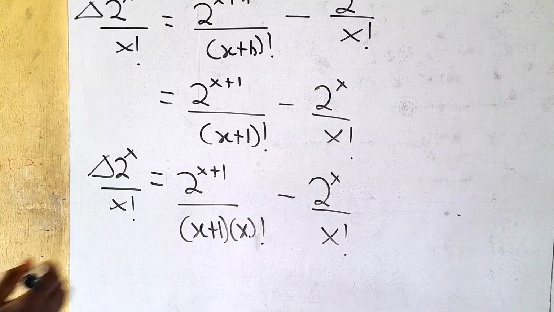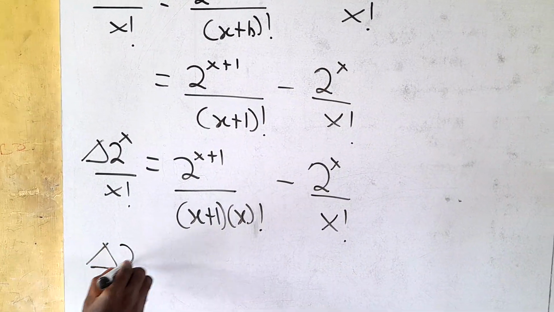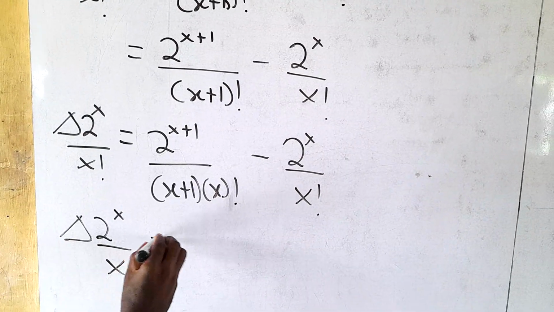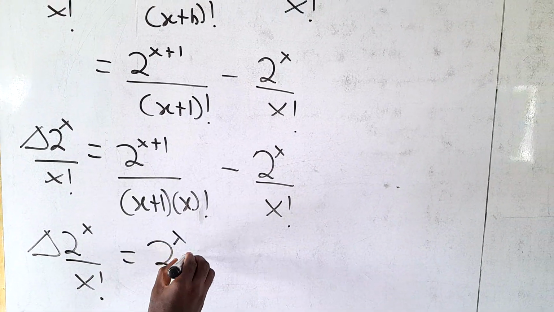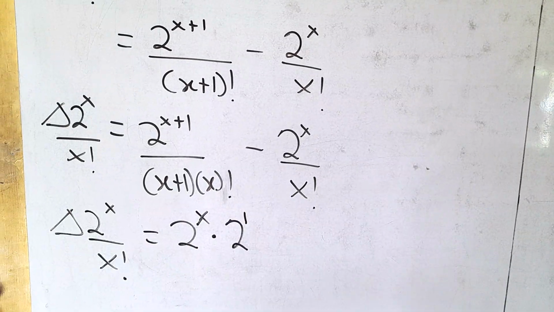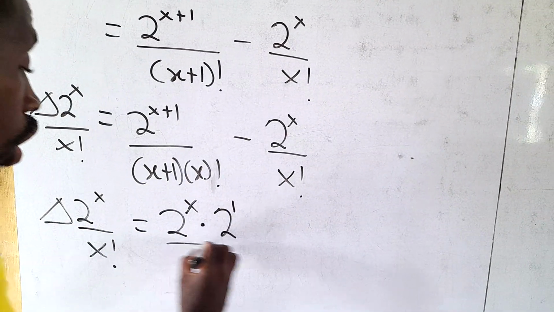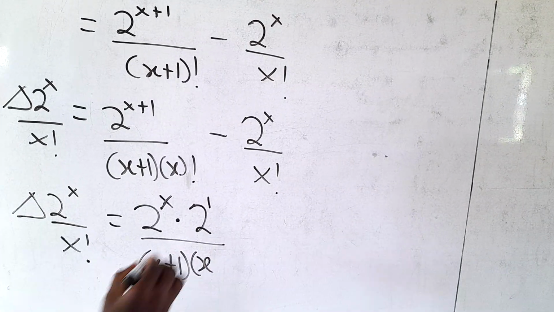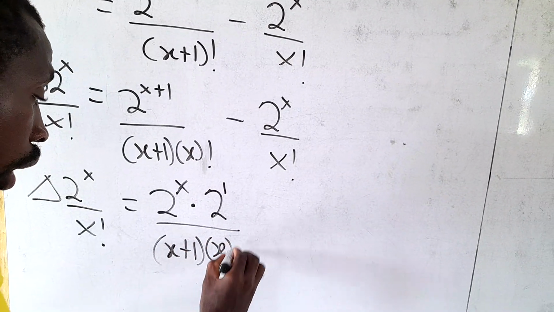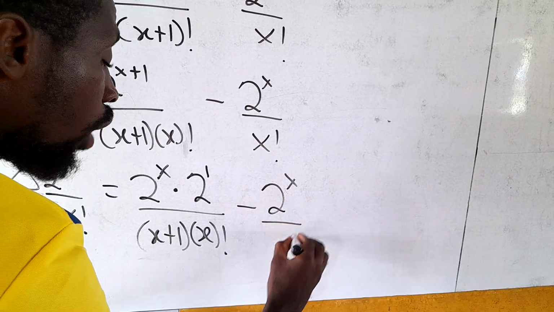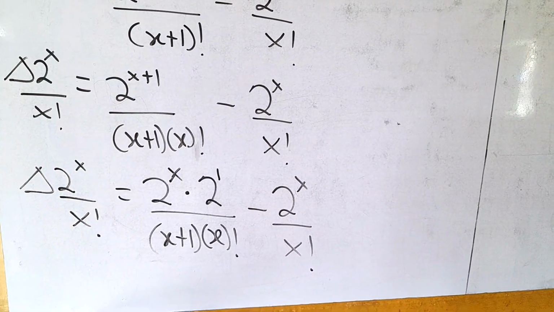So the delta of 2 exponent x over x factorial will be equal to 2 exponent x times 2 exponent 1, all over x plus 1 times x factorial, minus 2 exponent x over x factorial. I hope you get that.